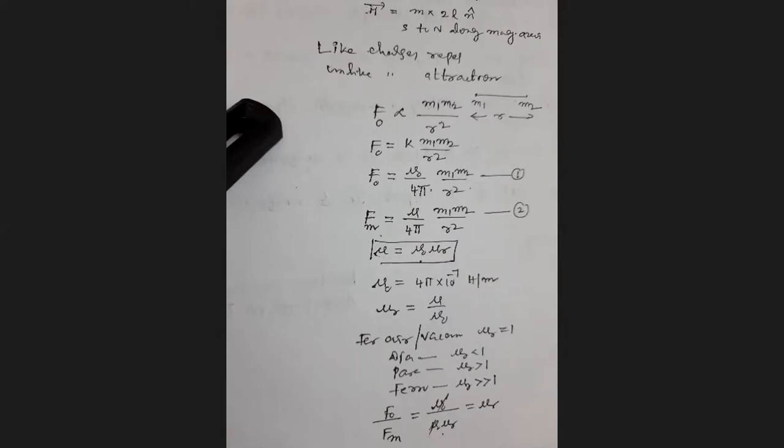So Fm equals mu r into F naught. With this, we can conclude that the magnetic force between two magnetic poles in the presence of a medium is mu r times the force acting between the same magnetic poles when they are placed in vacuum or free space.